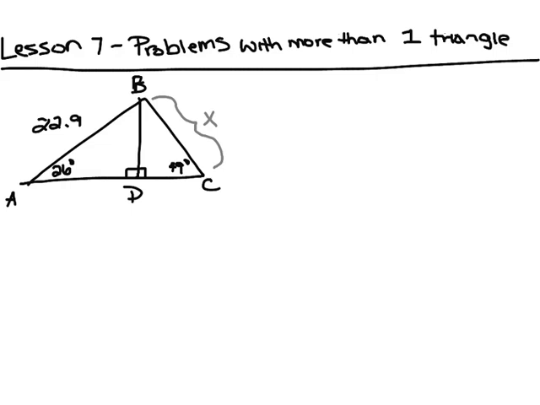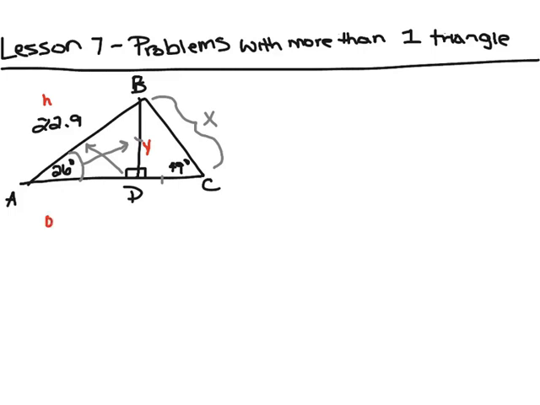In order to find BC, we need to know a length from this triangle. So we either need DC or BD. Because we know this angle and this hypotenuse, we are easily able to solve for BD. So BD, let's call that Y, is our opposite, and 22.9 is our hypotenuse.